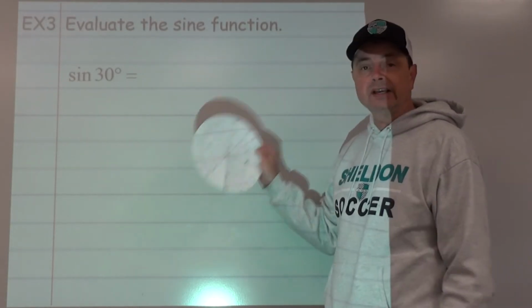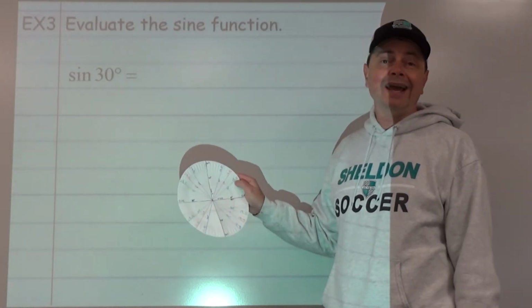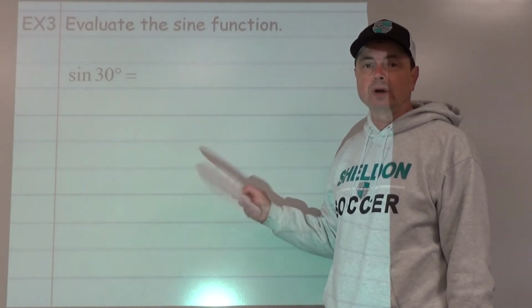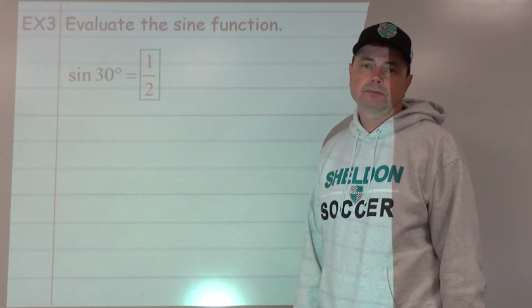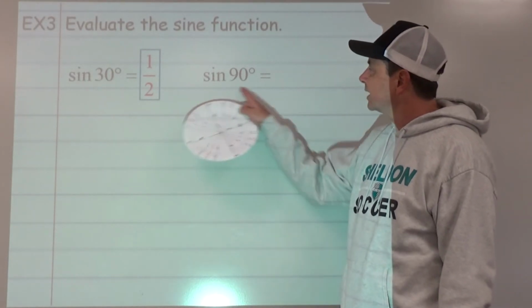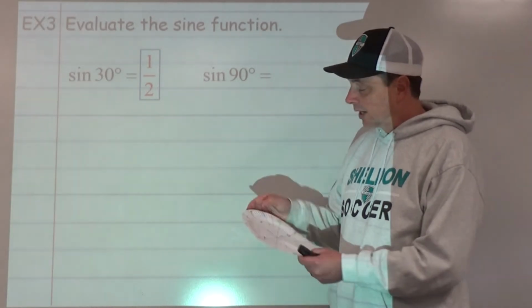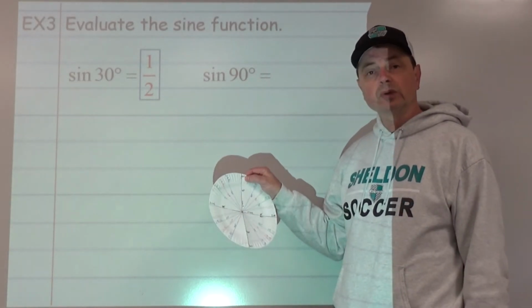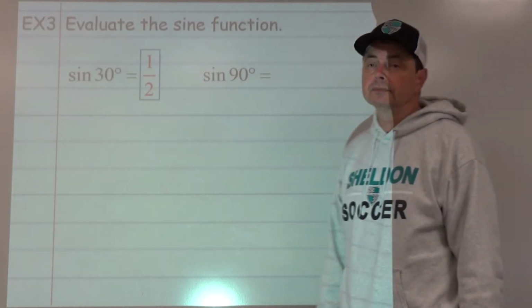Right there it says the point is square root of 3/2 comma 1/2, so the y coordinate is 1/2. The sine of 30 degrees is 1/2. What about the sine of 90 degrees? Well, that's straight up, and that's where it says 0 comma 1, so the sine of 90 degrees is 1.